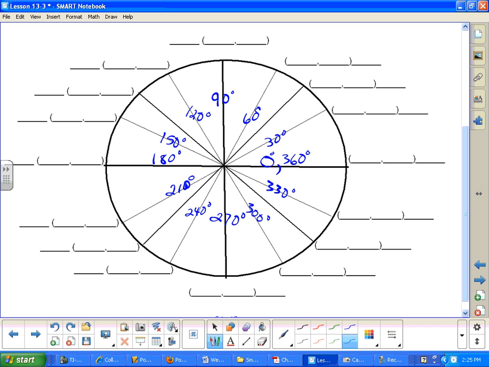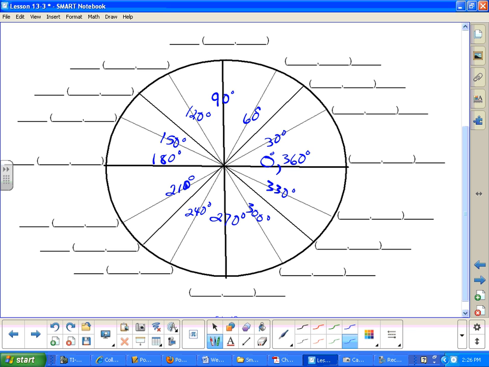Or you can think of it this way: I've taken the top half of the circle, which is 180 degrees, and I've broken it into 4 parts. If I divide by 4, 180 divided by 4 is what? Or what's 90 divided by 2? 45. So all the dark lines are going to be multiples of 45.